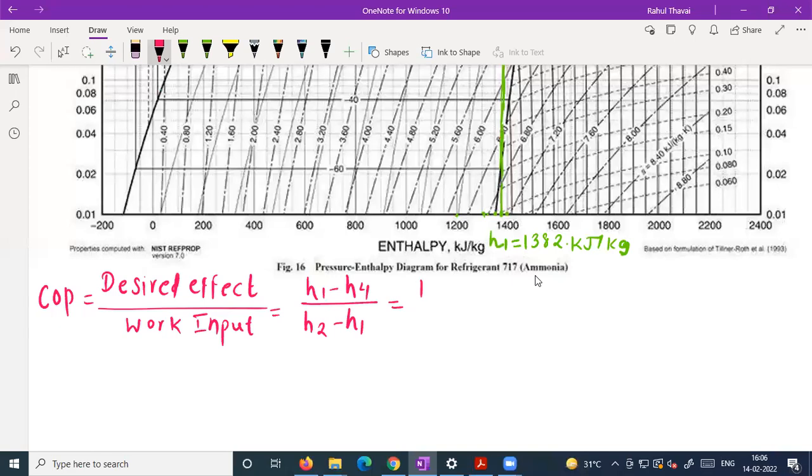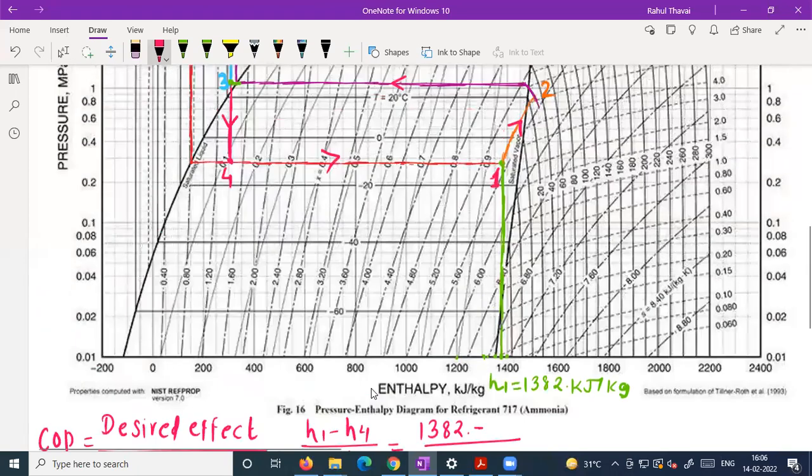So H1 we know already, 1382, minus H4. That value of H4 I should be able to write down. If you just measure, just bring this value down.